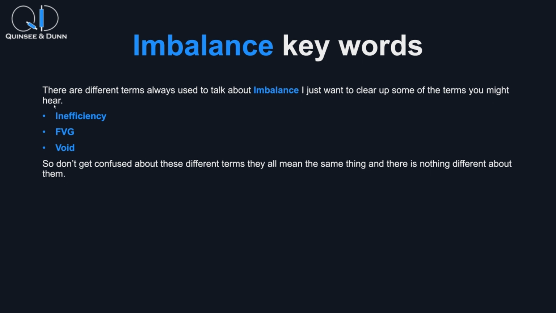Inefficiency, you'll hear that getting used as calling the price action inefficient. Now FVG just means fair value gap, and void just means there's basically a gap in the market that needs to be filled because it's inefficient price action. So they all just mean the same thing, so don't get confused with hearing all these different terms about imbalance.